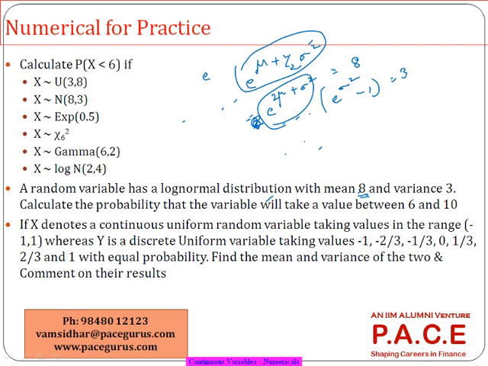So this part I can write as 64 into e power sigma squared minus 1 equal to 3. So from here I can get e power sigma squared minus 1 is equal to 3 by 64, and e power sigma squared comes out as 1 plus 3 by 64.